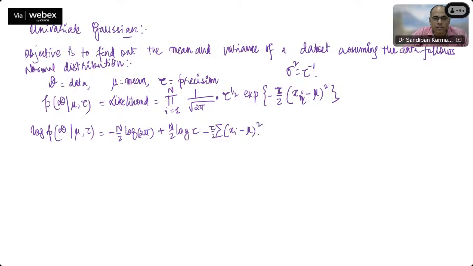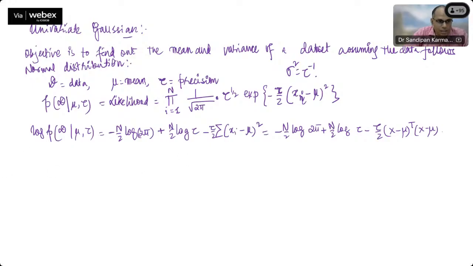And this xi minus mu we can write as (x minus mu) transpose multiplied by (x minus mu). So minus n by 2 log of 2 pi plus n by 2 log of tau minus tau by 2 (x minus mu) transpose (x minus mu). You can write it like this.